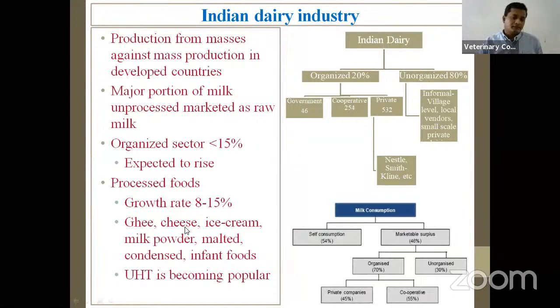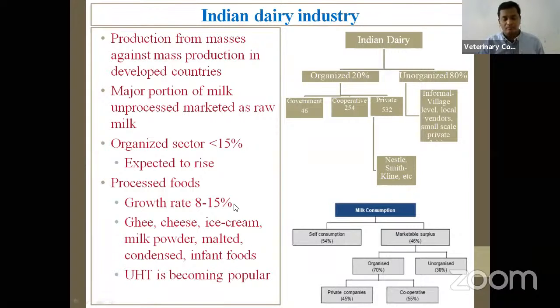There is a boom in the requirement for processed foods rather than raw milk. The growth in processed foods is 8 to 15% annually, which is a good driver of the dairy industry. That's why we can say there is a better future for the dairy industry than what is there today.